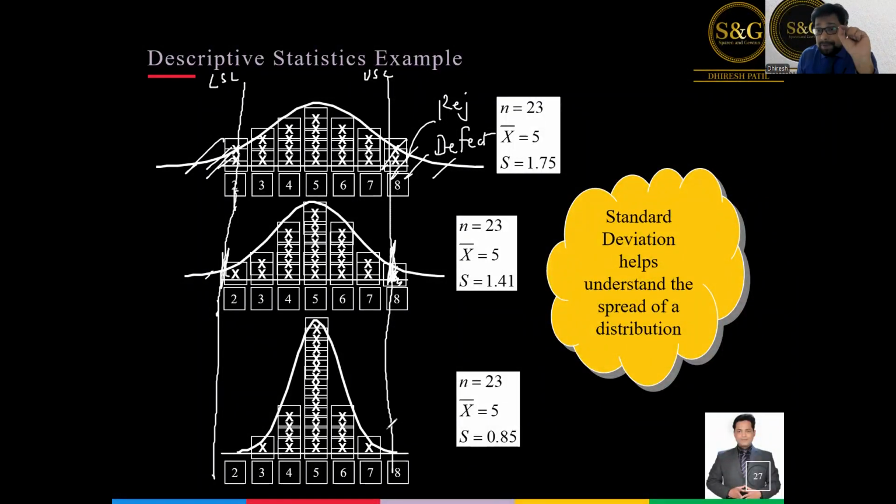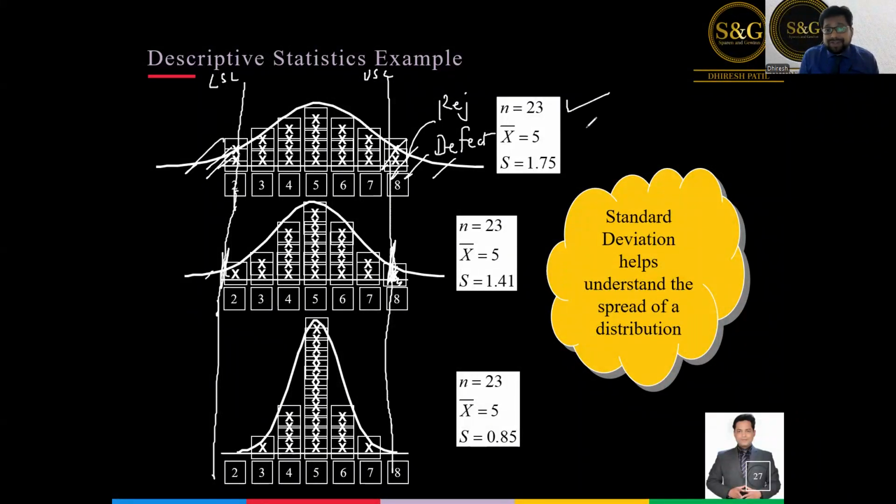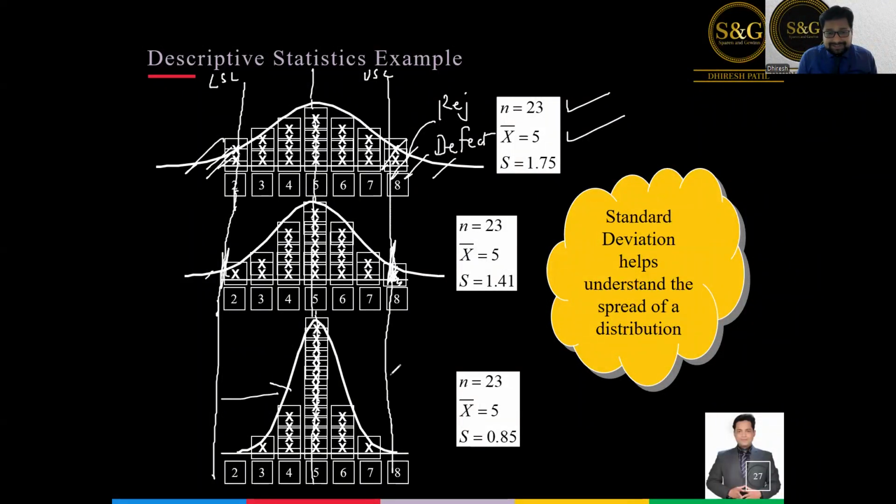And see, most important thing is that in all these three options, n is equal to 23 and x bar is equal to 5. So the center remains exactly the same, but the variation has reduced. This is very, very important.